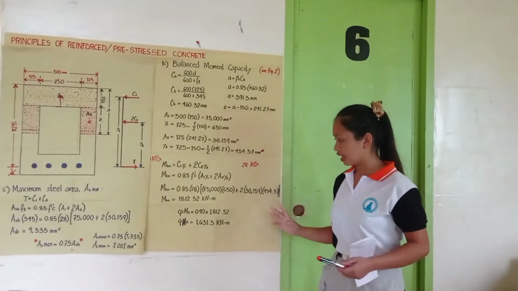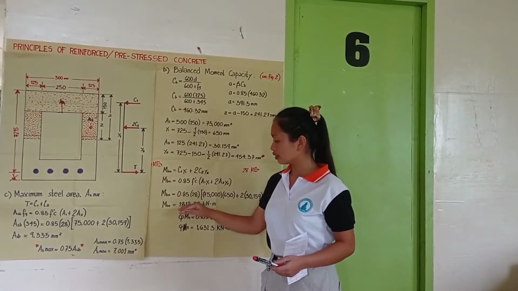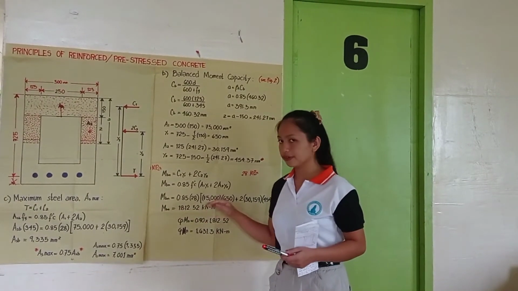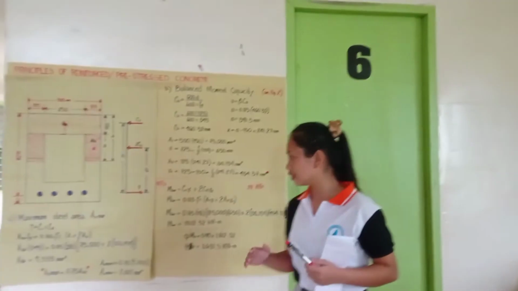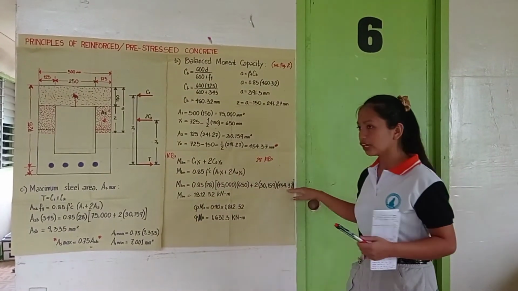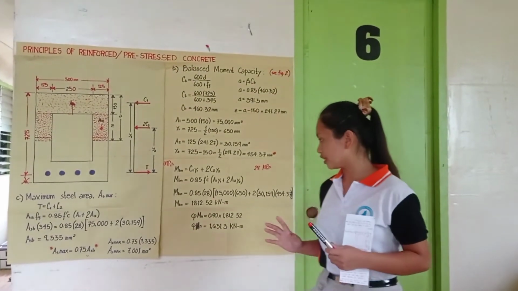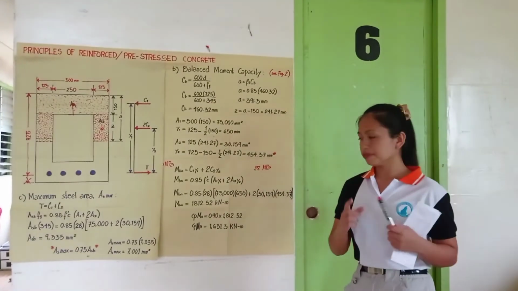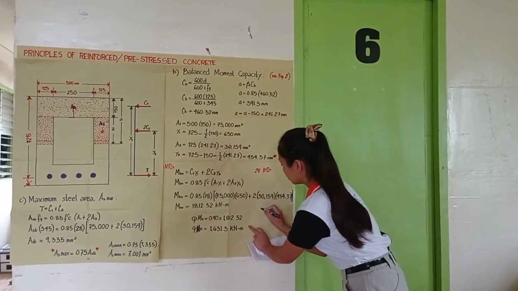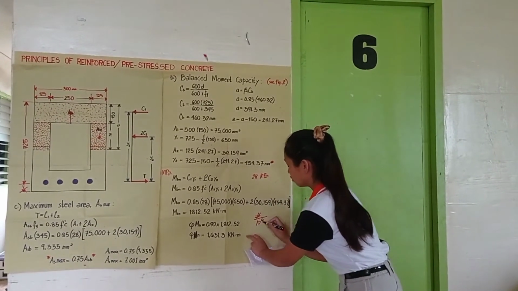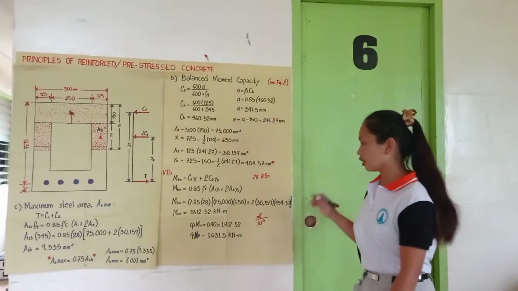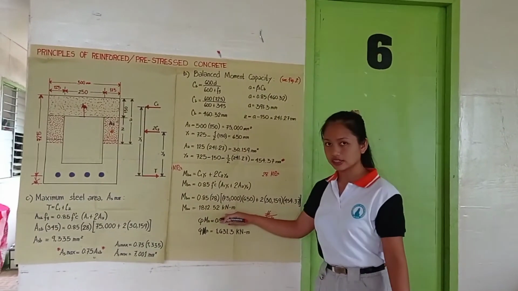And the answer is 1,812.52 kilonewton meters. When you calculate this equation, you can arrive at many numbers in the calculator. So the tip here: you will divide that number by 10 raised to the power of 6, so that you can arrive at this answer.